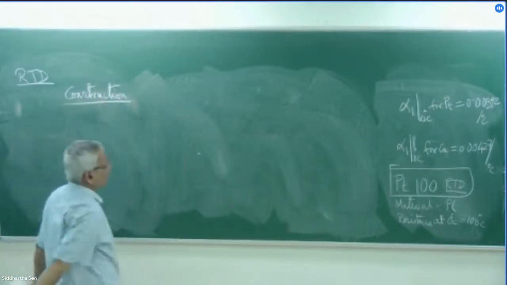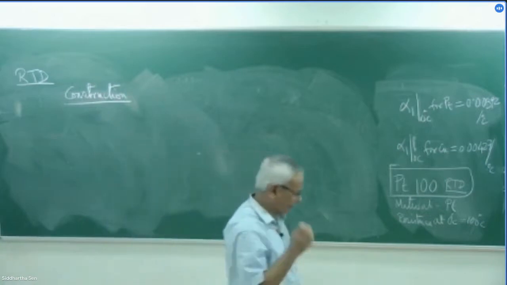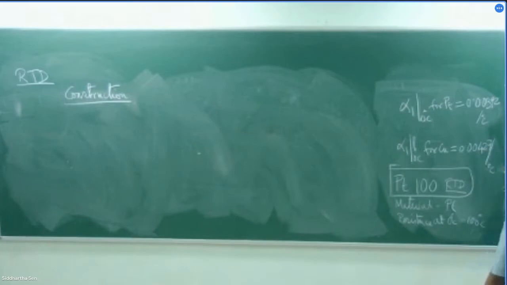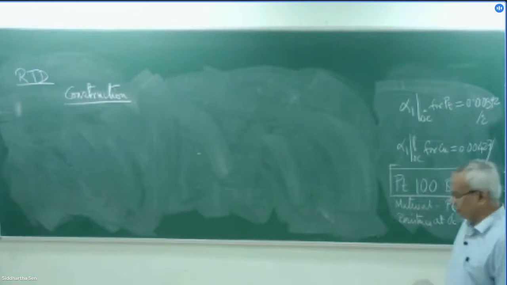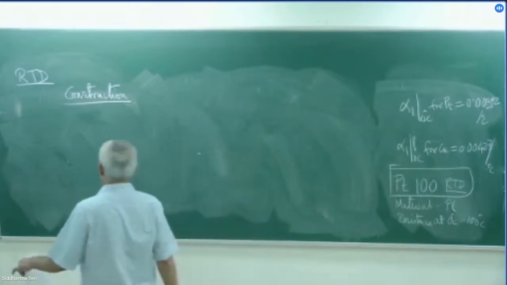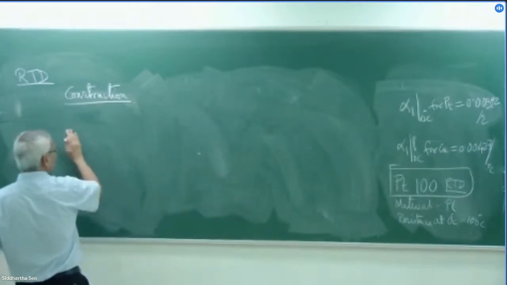I know the RTD material is there, and if we want a resistance of 100 ohm, the wire must be very thin. Otherwise, we cannot make a 100 ohm resistance with a metal. So how do we do the construction, how would you wind the wire?